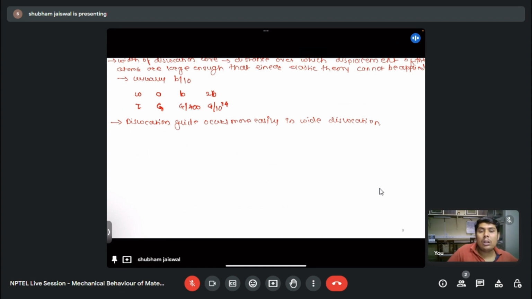So this is about the effect of the width of the dislocation core on the resistance.